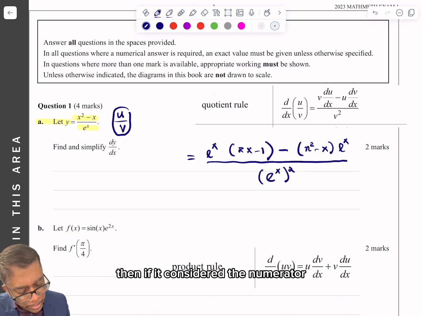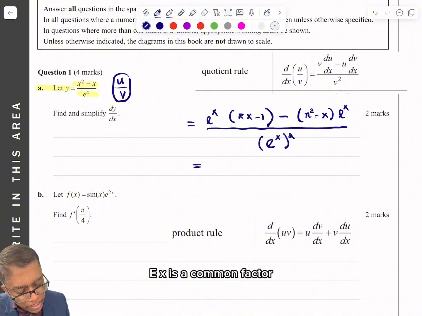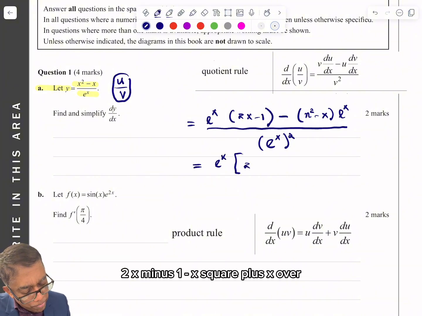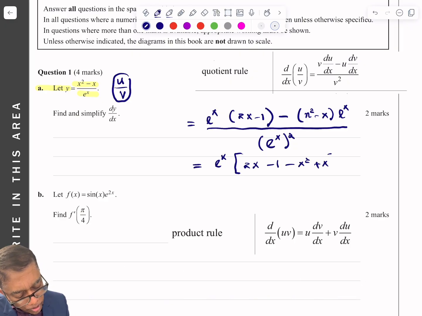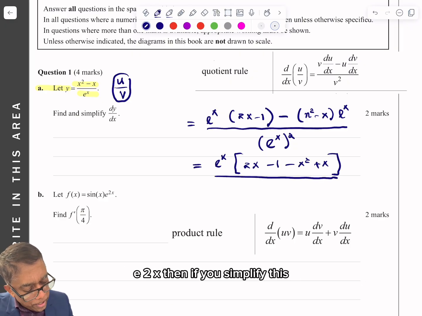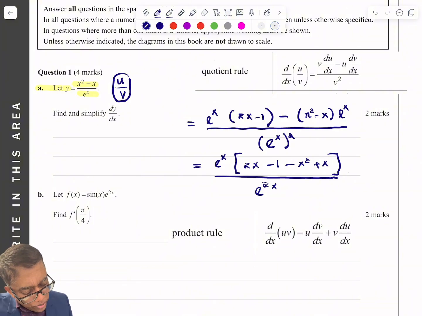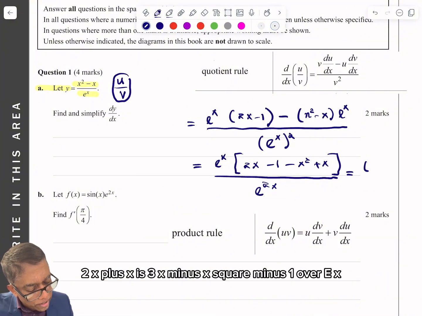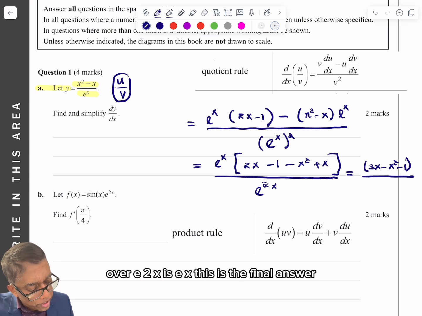Then if we consider the numerator, e^x is a common factor: 2x minus 1 minus x squared plus x, over e^(2x). Then if we simplify this, 2x plus x is 3x, minus x squared minus 1, over e^x, since e^x over e^(2x) is 1 over e^x. This is the final answer.